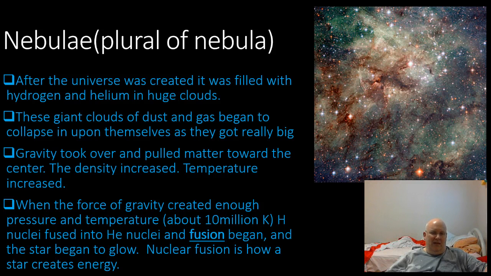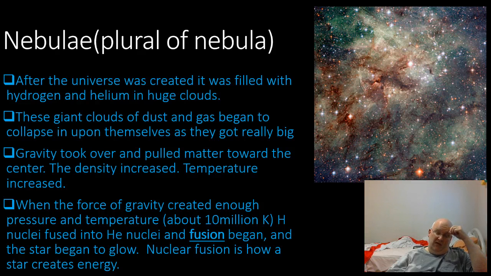So at about 10 million Kelvin, hydrogen nuclei start to fuse into helium nuclei. Now, we've already talked about that back in unit number 1, so I thought we'd just revisit it. And when this fusion begins, that's when the star basically forms and takes shape and starts to glow, and we can say a star is born.